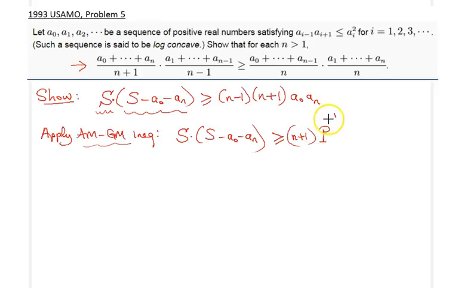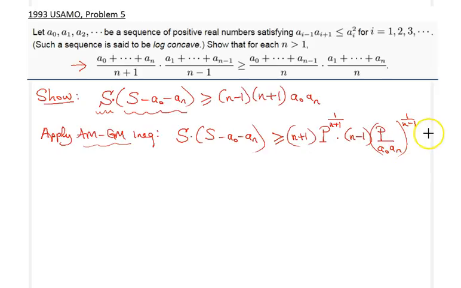However, I will still have to take the 1 over n plus 1 power, and then regarding this term, because there are n minus 1 terms in this sum, this will translate into p over a sub 0 a sub n, and that would be raised to the power 1 over n minus 1, because that's how many terms we have. And that's what I want to show.